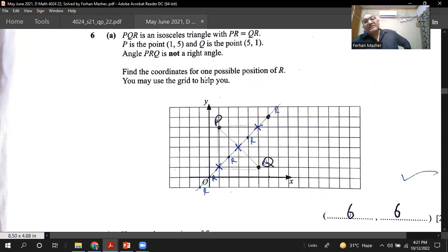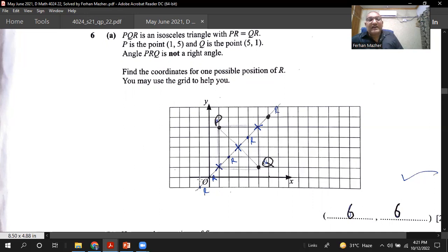One condition they gave us is that the angle PRQ should not be a right angle. Only at this point where the cursor is right now, if the R is here, then the PRQ angle will be 90. So I cannot take this point. This point is 5, comma 5. So I cannot take 5, comma 5. In the same way, I cannot take 1, comma 1.